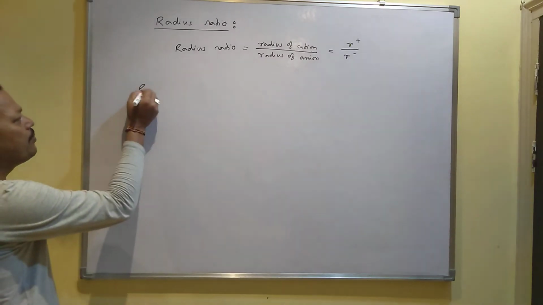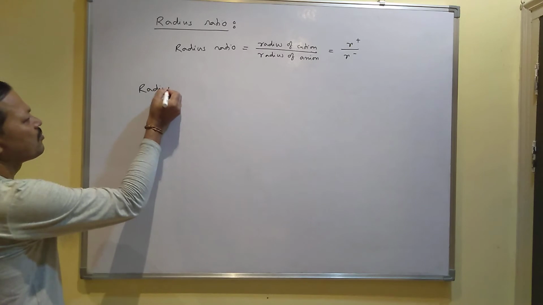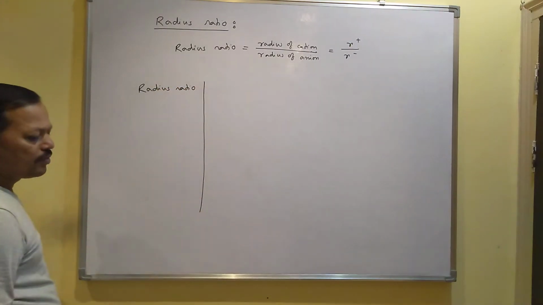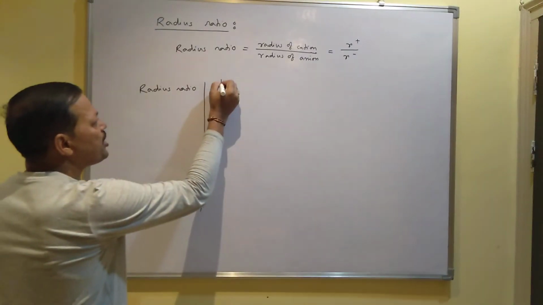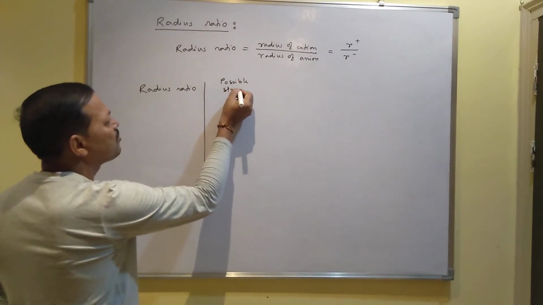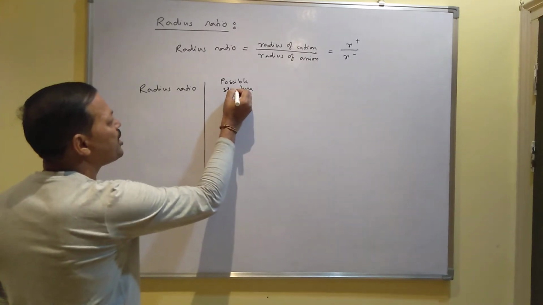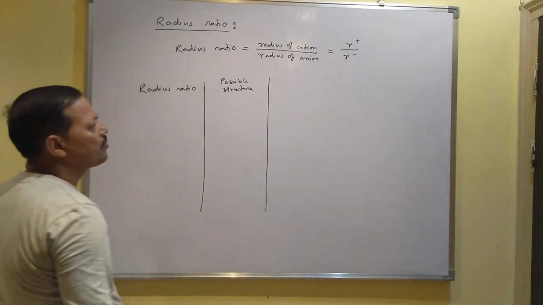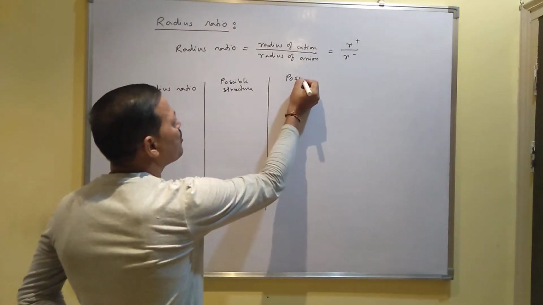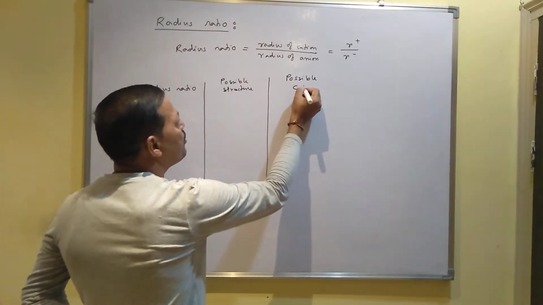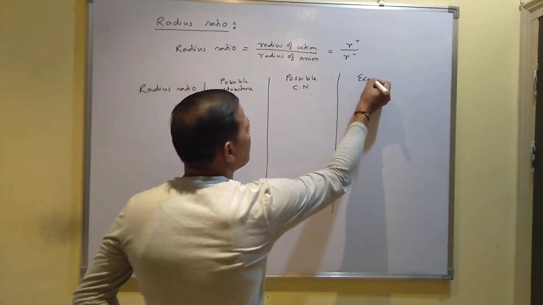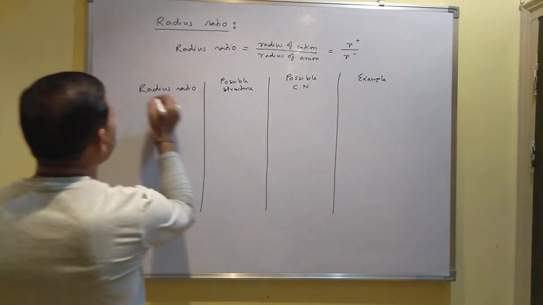Now I'll give you a table: radius ratio, then possible structure, then possible coordination number, then example.